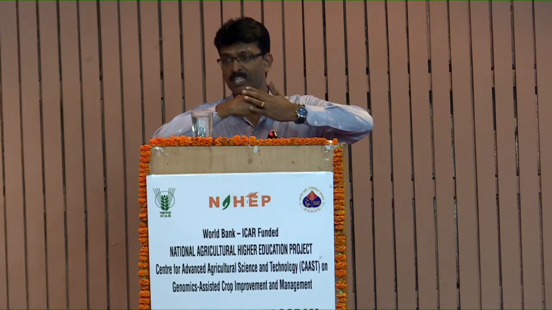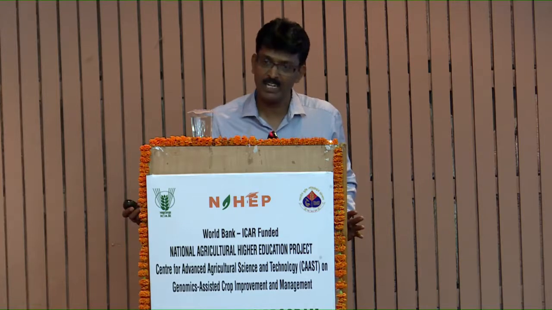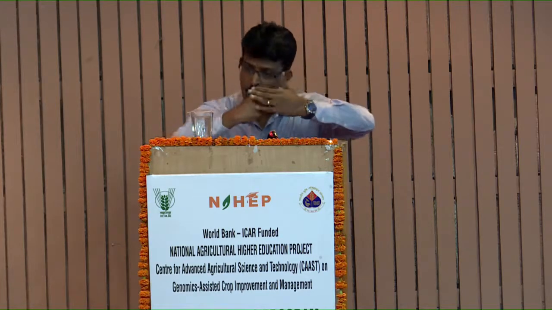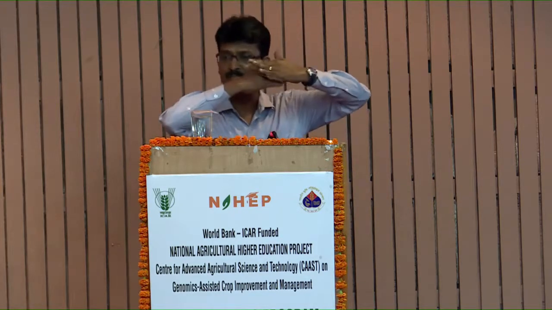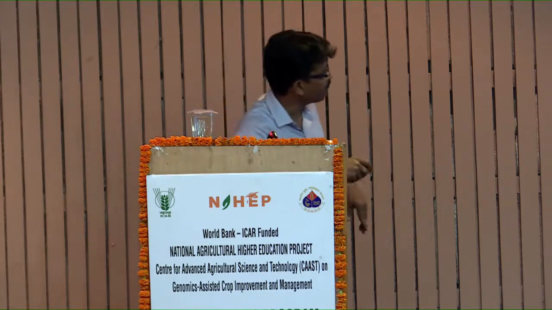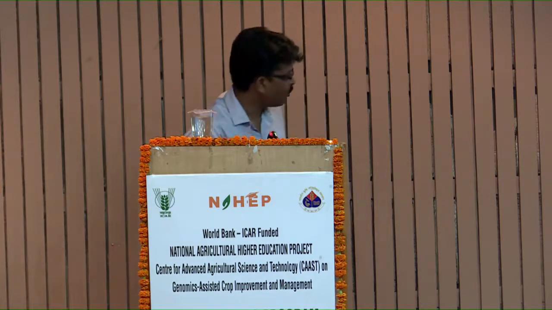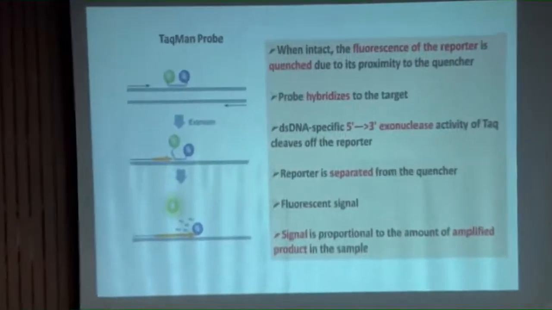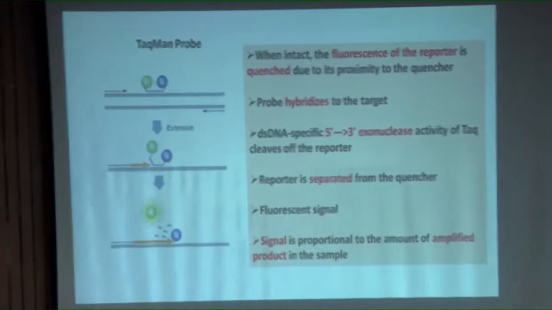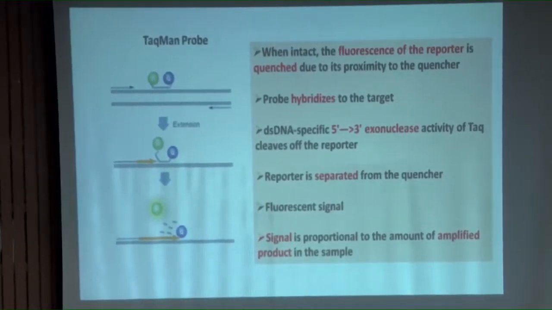Why the single-stranded template here? Because it is already subjected to denaturation. Is it clear? Now the probe and the single-stranded DNA are complementing each other. That is what is shown here, correct? It is here, somewhere here, right? Now what happens? Please read it. When intact, the fluorescence of the reporter is quenched due to its proximity to the quencher, right?